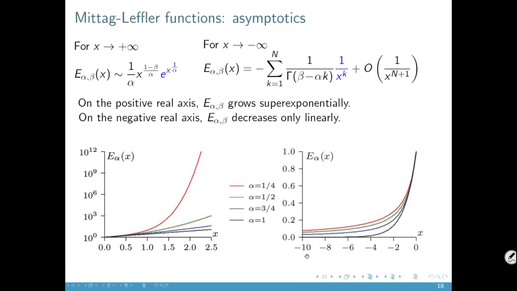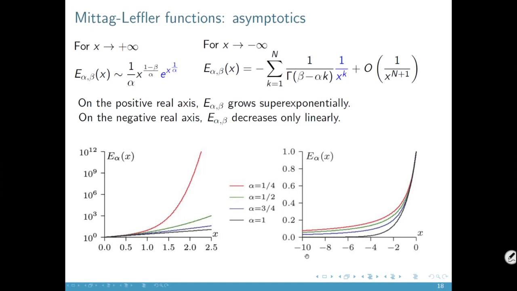On the other hand, for negative arguments, it's not a logarithmic plot, so the black line is again the exponential. It really looks like exponential. And then the other lines are the several stages of fractional versions of that Mittag-Leffler function. And you see here that for very negative arguments, it becomes sort of linear, okay?